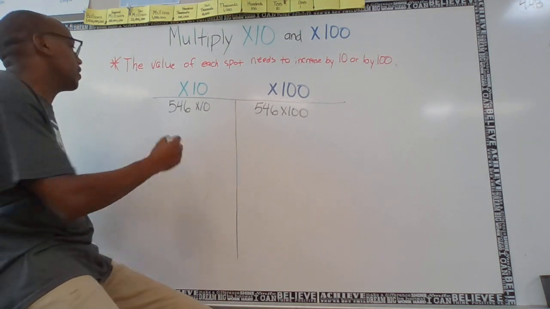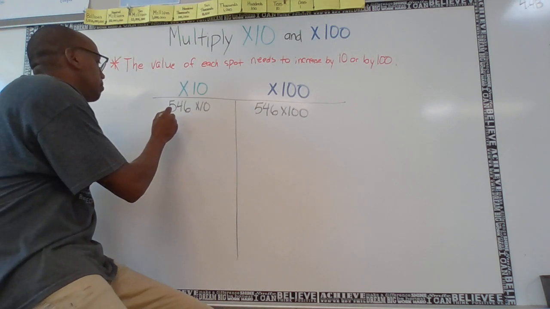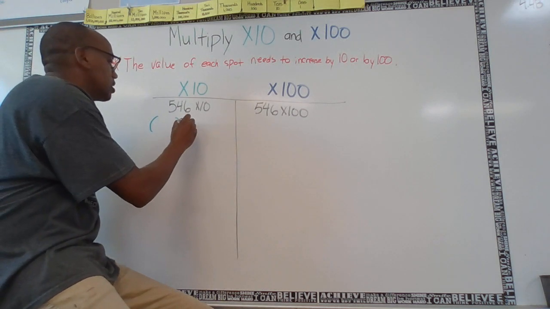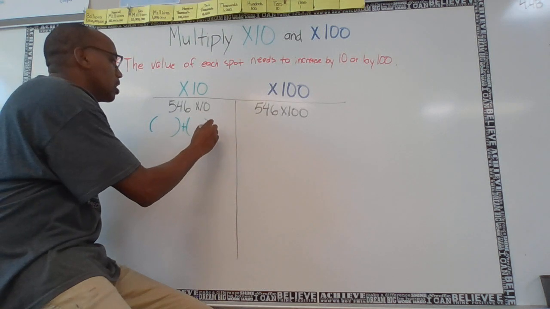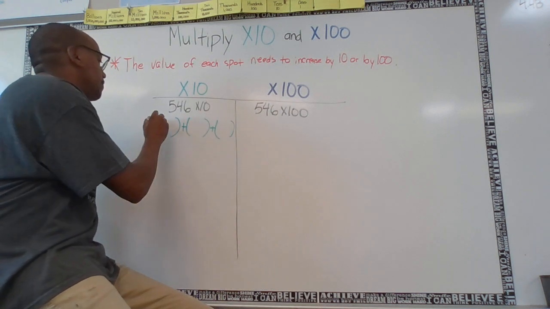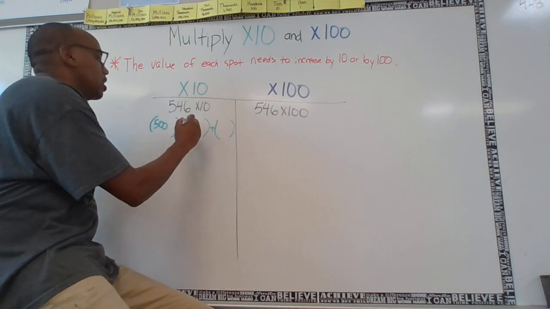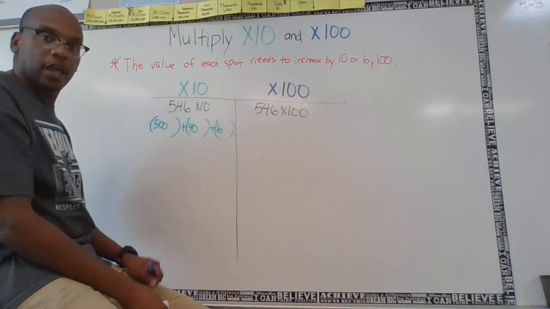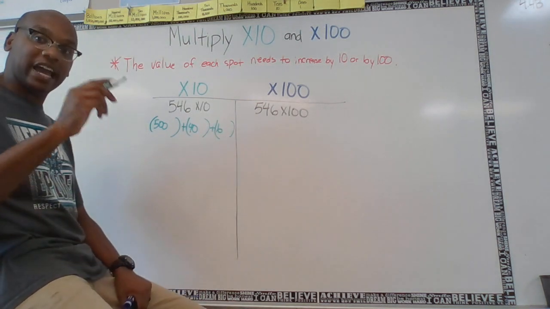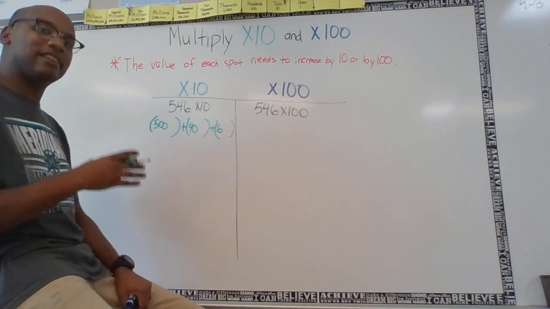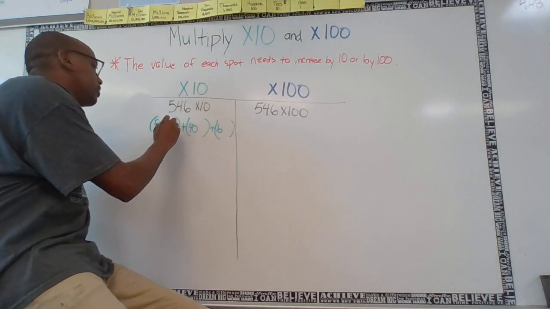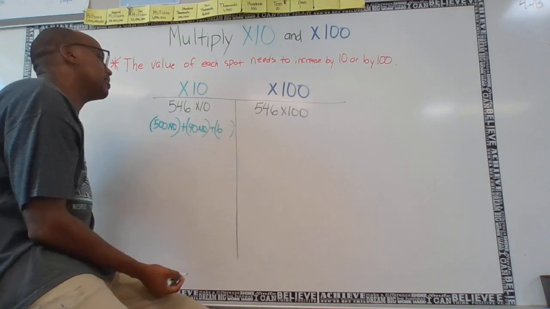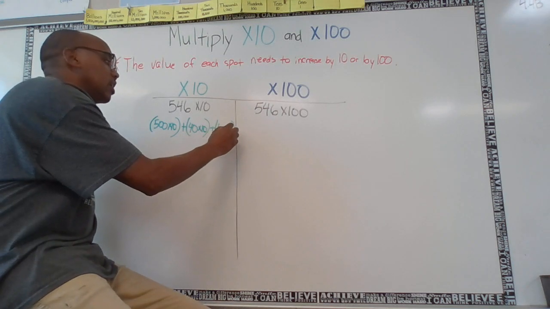So here I would break up 546 into 500 plus 40 plus 6, right? And then what I would do is multiply each one of those values times 10. So 500 times 10, 40 times 10, and 6 times 10.